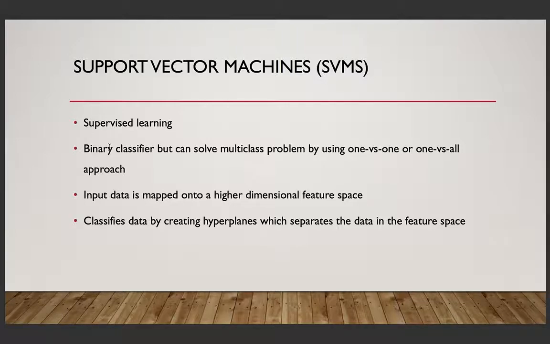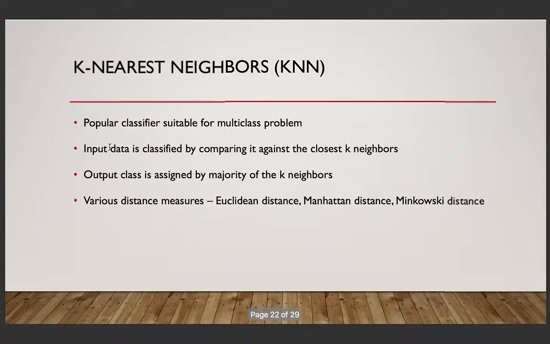Support vector machines work by mapping the input image into a higher dimensional feature space, and they distinguish the classes by separating them with hyperplanes, and they try to optimize the distance between the closest points in each of the classes.